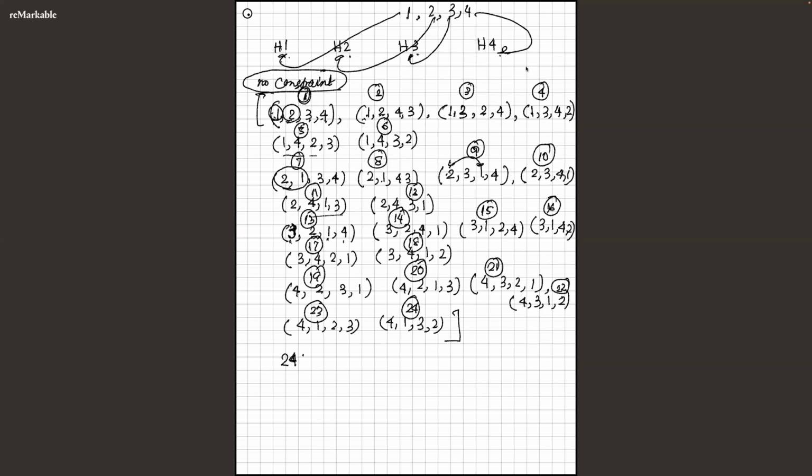When I say that, think of it as this entire group being one element, this being one more element, and this another element. So right now we have 24 cases. Out of these 24 cases, we have to reject or subtract all the cases where at least one house has got a letter which it was addressed to.